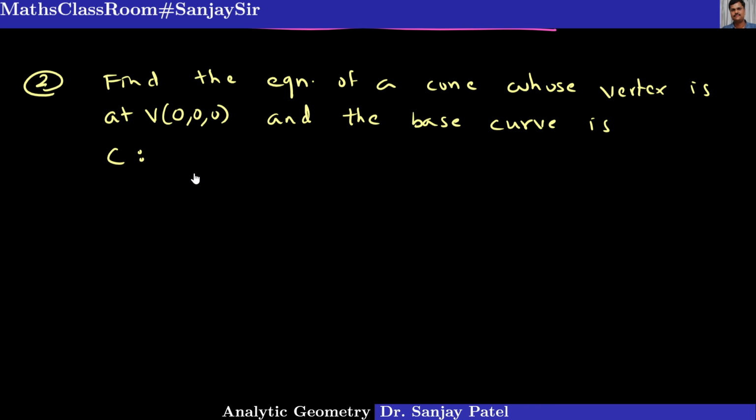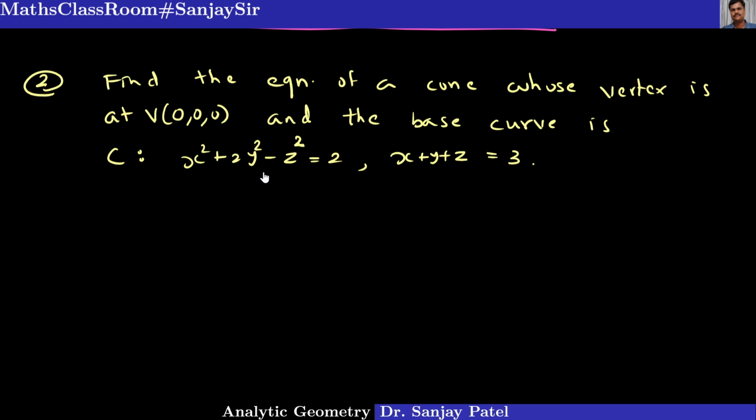C: x square plus 2y square minus z square is equal to 2, comma, x plus y plus z is equal to 3. So again, this curve is the intersection of this object and this, which is known to us. The second object is a plane equation, but the first object is not the equation of a sphere. It is actually known as a conicoid.